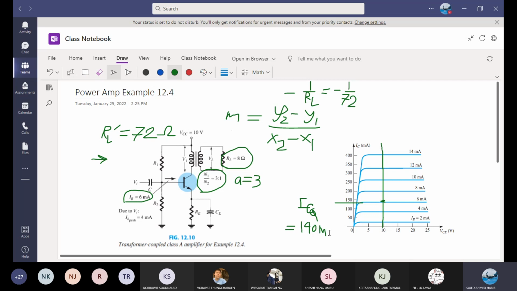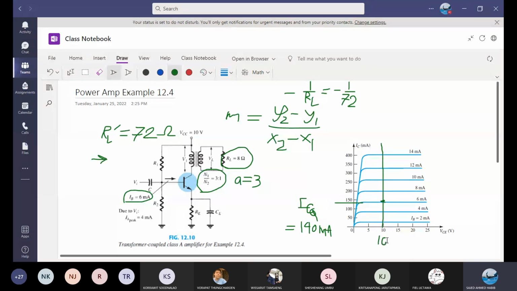This is ICQ. If you draw a line from here to here, you can find the slope. From here to here, do you know what is x2, what is x1? x2 is 10.